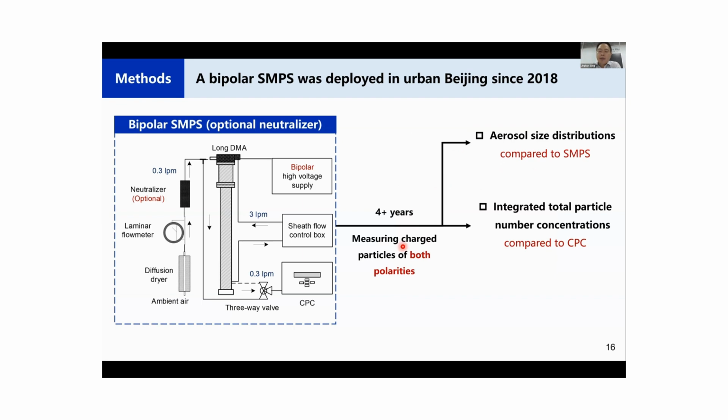In the papers, we compare the measured data with a typical SMPS, where we have neutralizers. We compare the integrated total particle number concentration with that measured by the CPC directly. We also compare the retrieved ion mobility ratios to look at their variations and compare with ion mobility ratios measured in other places as well.